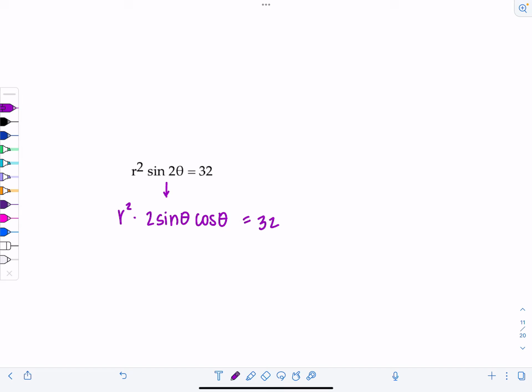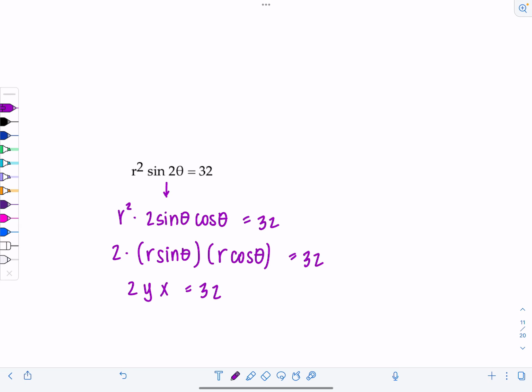Then you can break it up, put the 2 outside. r squared means you have 2 of them, doesn't it? So give 1 to the sine theta, give 1 to the cosine theta. Now everyone's happy: 2yx equals 32. I would divide by 2 and just say xy equals 16. Boom.